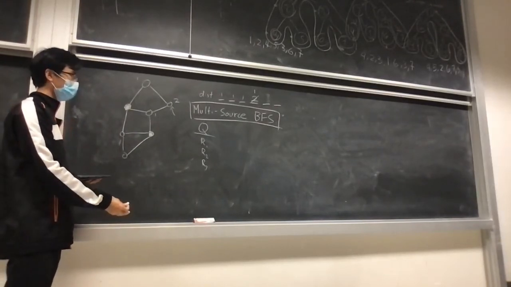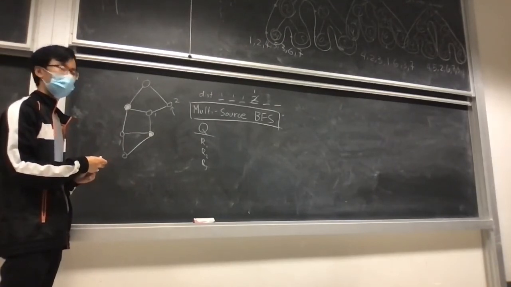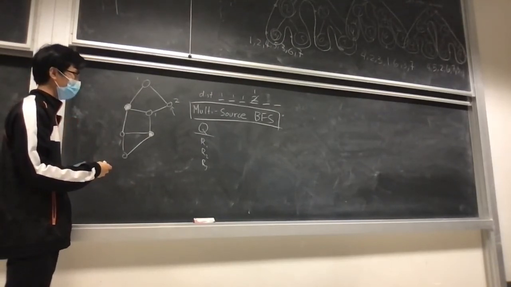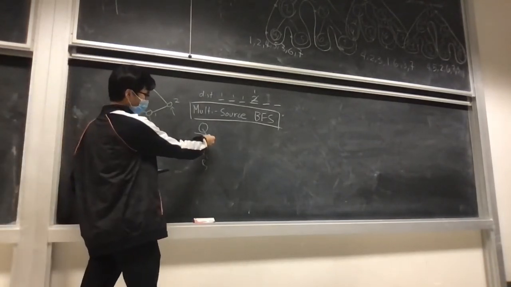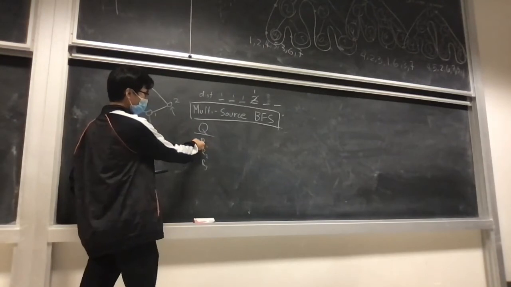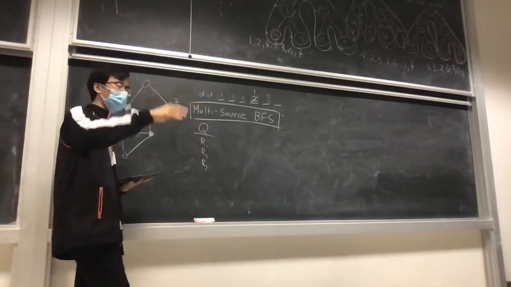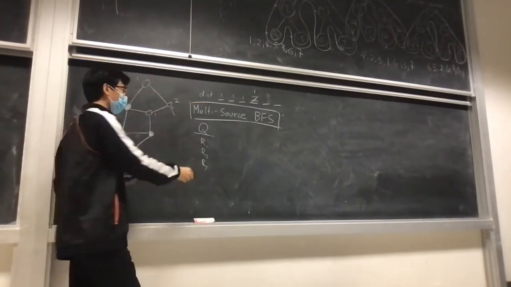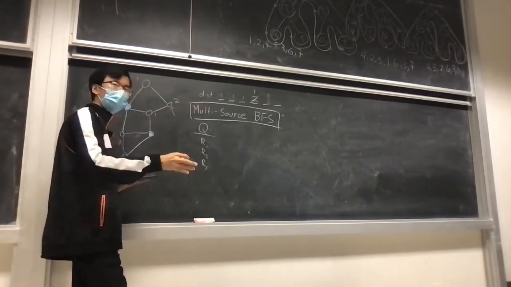But how is this different than a regular BFS? If you think about it a little bit, first you take the first red node, and then you visit all of the nodes that are one distance away. And then you visit all the nodes that are one distance away from the second red node, and then the third red node.